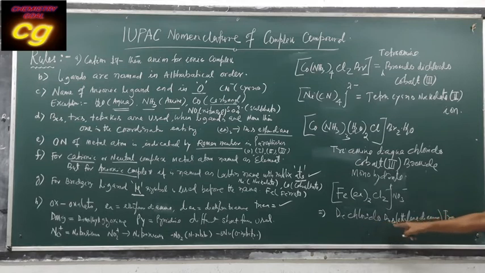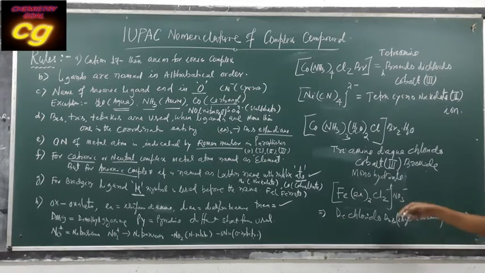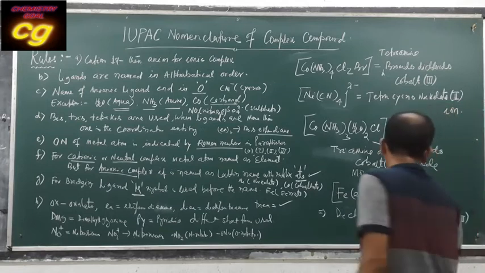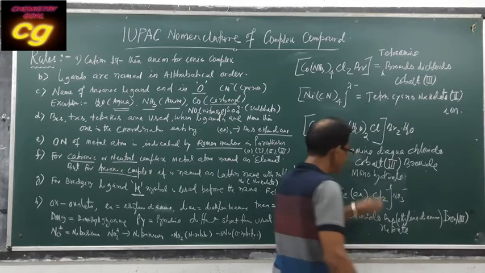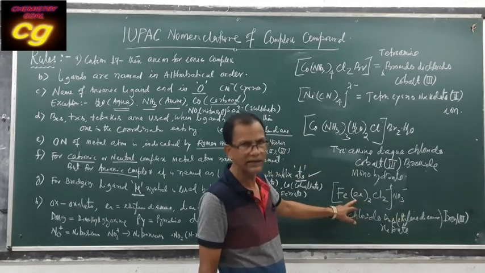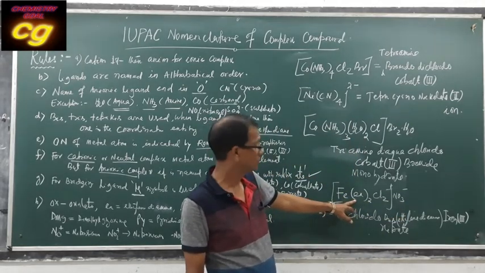So dichloridobis(ethylenediamine)iron, charge is 3, iron(III). Outside, NO3 means nitrate. If the same NO3 is inside, it will be nitrato.